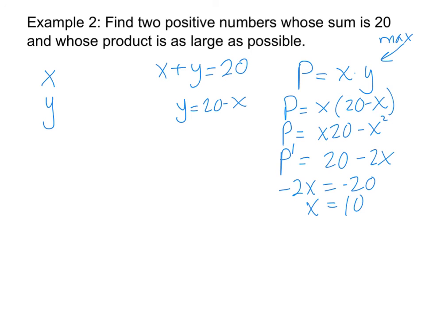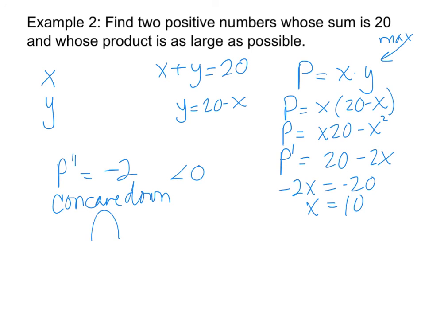X is 10. Okay, so that's a positive number. If I take the second derivative, it would be negative. So this is concave down, because it's less than 0. So that would indeed be a maximum. So if x is 10, then y would be 10. And those are the two positive numbers.